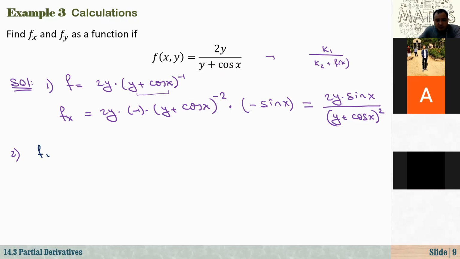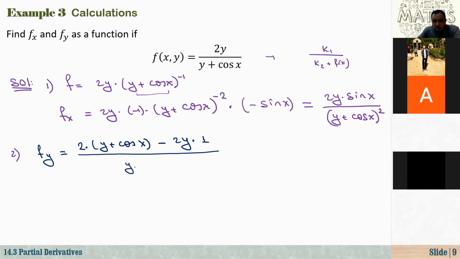So here we have fy, that's equal to, first, if you differentiate 2y with respect to y, it is 2. 2 times y plus cosine of x minus, now here we have 2y times, differentiate the denominator with respect to y, that's equal to just 1, over y plus cosine of x, squared.